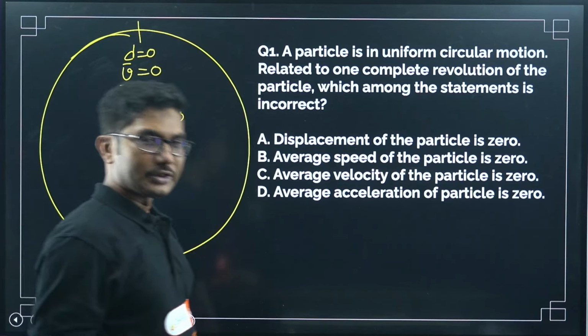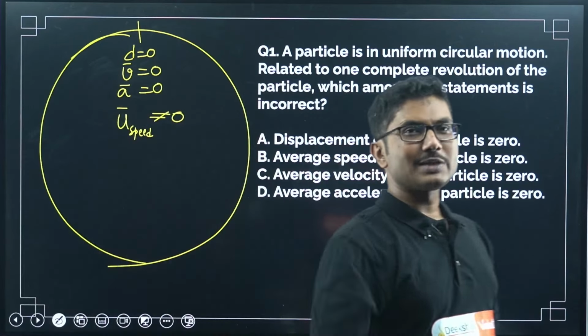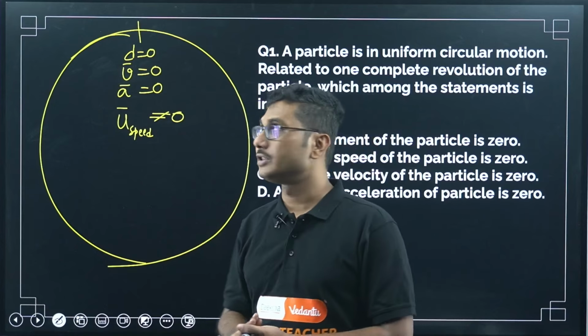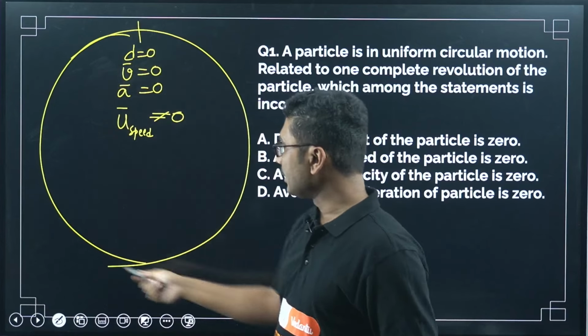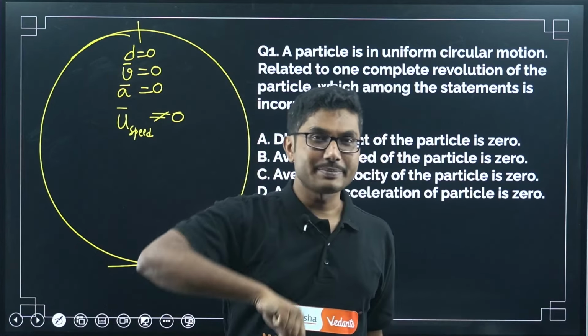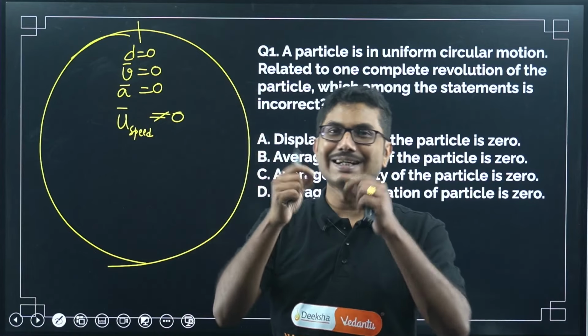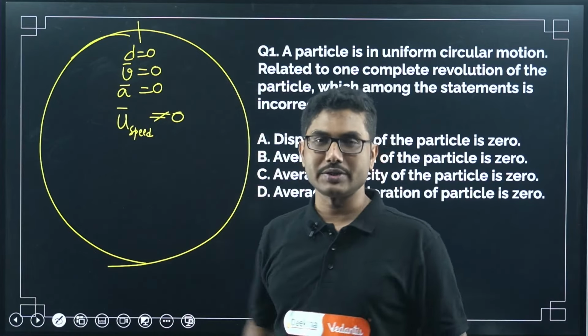Total displacement is 0, but total distance traveled is not 0. Distance traveled is the length of the path, and displacement is the difference between starting point and ending point.